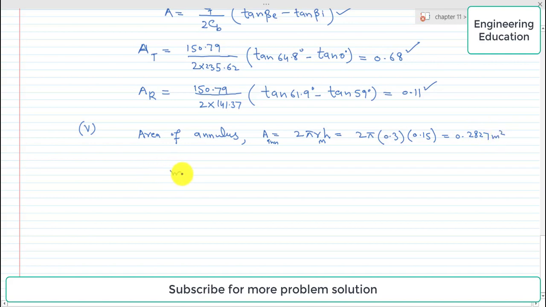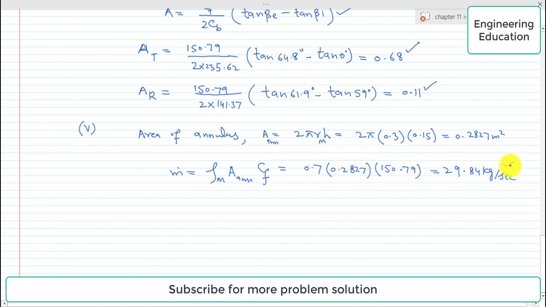Further, to find the value of mass flow rate, we use mean density into annulus area into flow velocity. This is the expression for mass flow rate. So putting the values, mean density is 0.7, annulus area is 0.2827, and the value of flow velocity is 150.79 meter per second. So simplifying this, we get the mass flow rate value, which is 29.84 kilogram per second.